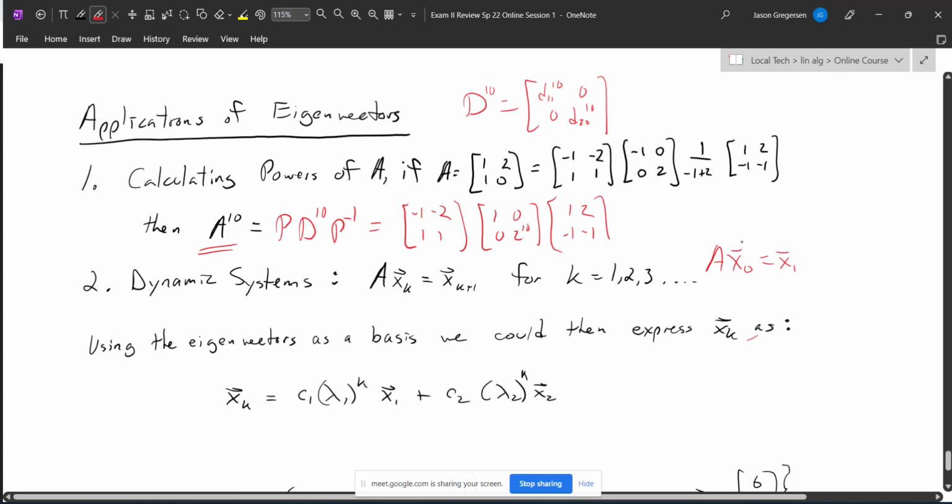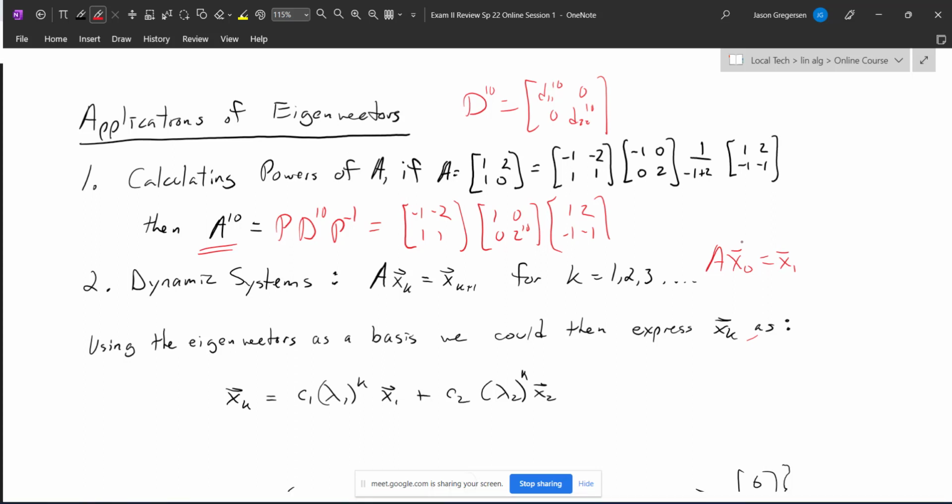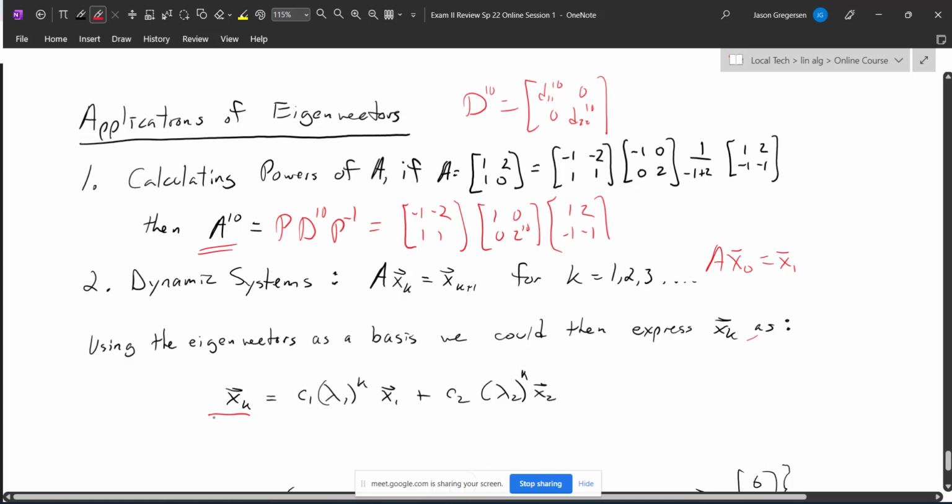And to get to the next state, we'd be multiplying by A again, and again, and again. It turns out that if we use the eigenvectors of A as a basis for our space, then we can write a formula for the kth state of the system in terms of the eigenvalues and eigenvectors. I should probably not mix notation. Let's call my eigenvectors v's instead of x's.